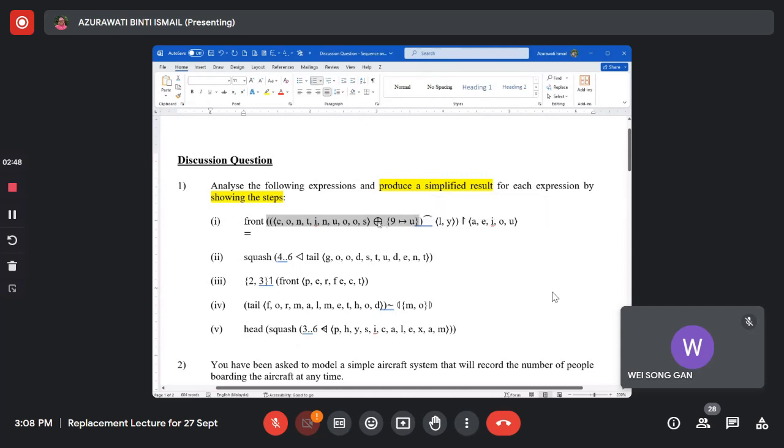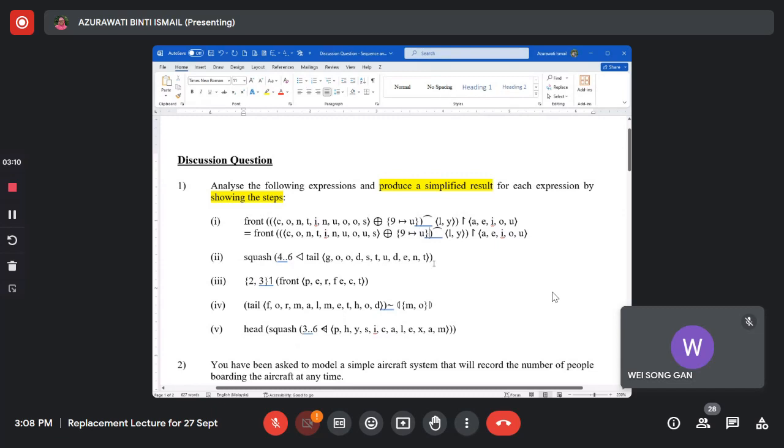It means that you have to override this one with u. Let me copy the whole thing here. So you override 9 with u. So you count 1, 2, 3, 4, 5, 6, 7, 8, 9. So this one will be u here.